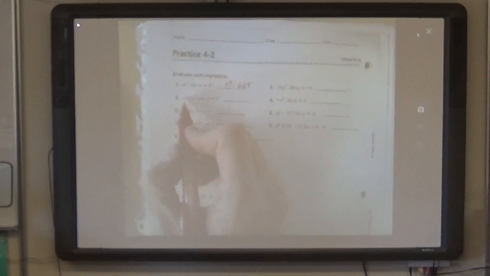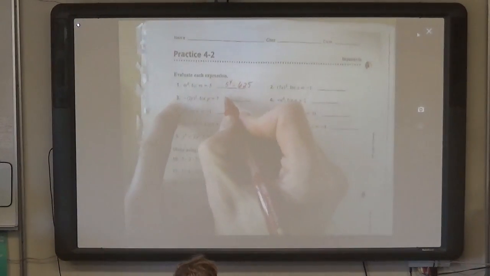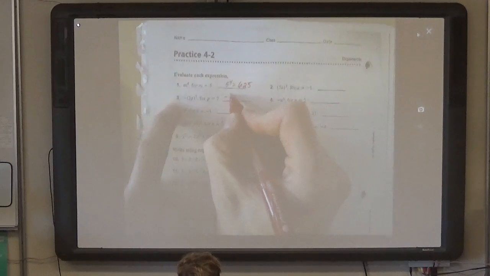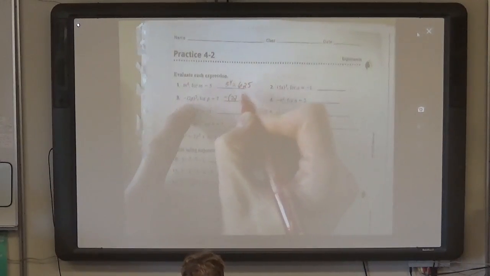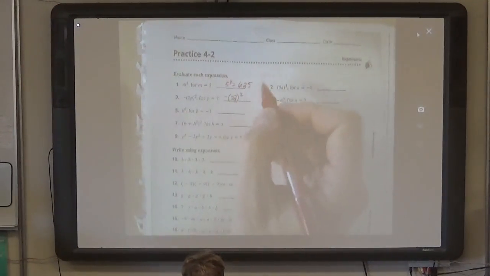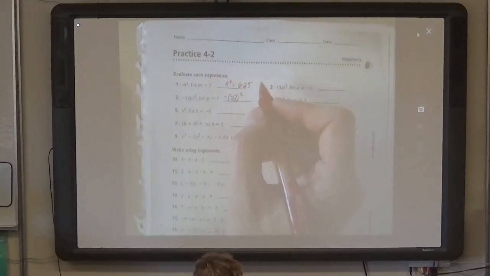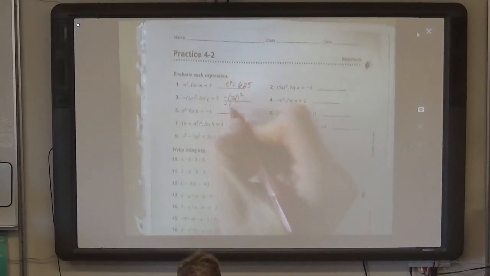The negative sign is outside, so when you write this, you write it as 2 times 7, 7 squared. That is 14 squared, which is 196. So it's negative 196.